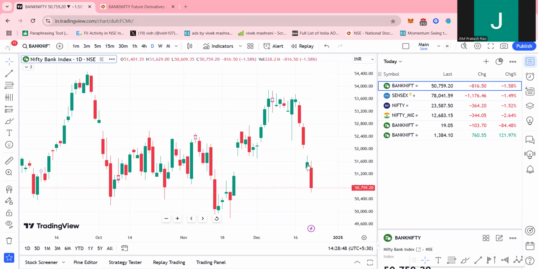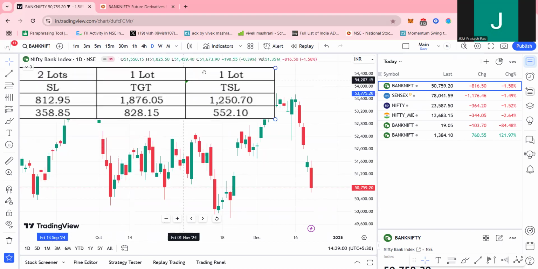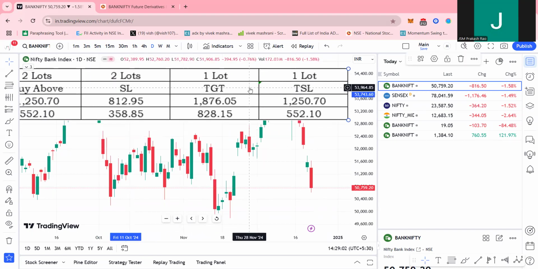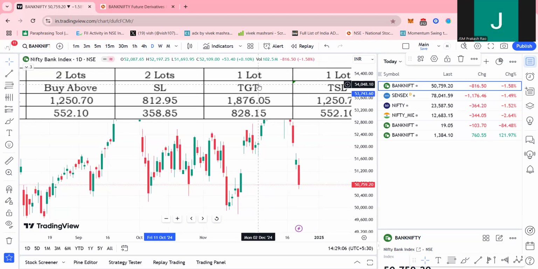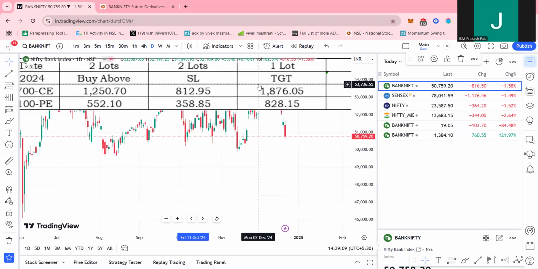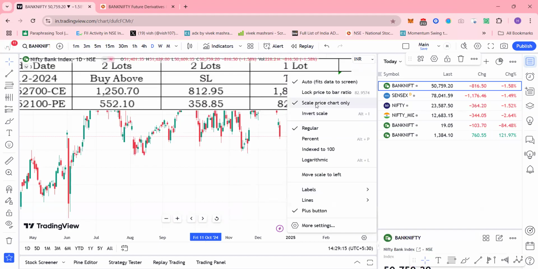I'll show you. I'll copy the data here. This is the data. I have shared this data on WhatsApp. I think all of you have got this data, right? Dr. Ashish Patel ji, you have got this data on WhatsApp?